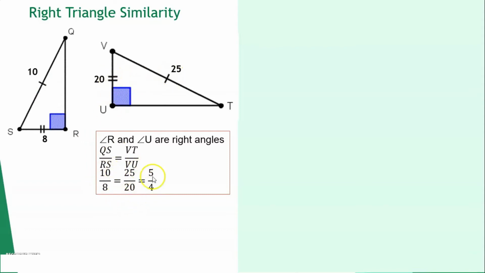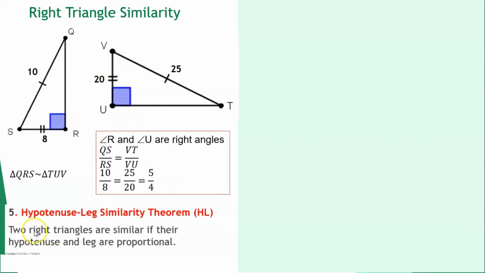When you simplify this, we will end up with 5 over 4. So it would follow that triangle QRS is similar to triangle TUV. And that is based on the hypotenuse leg similarity theorem, or HL similarity theorem, that states two right triangles are similar if their hypotenuse and leg are proportional.